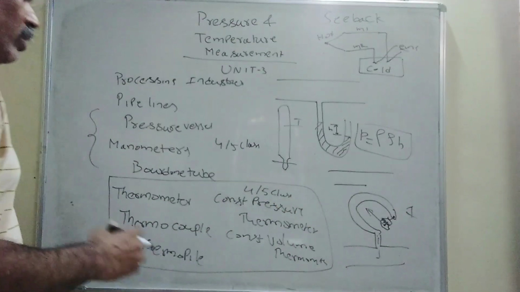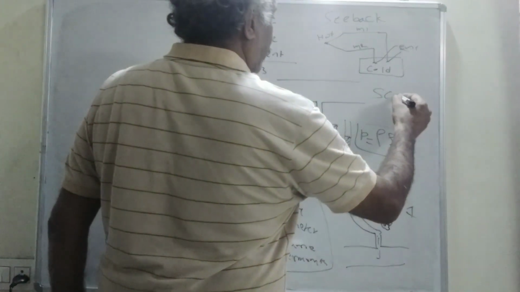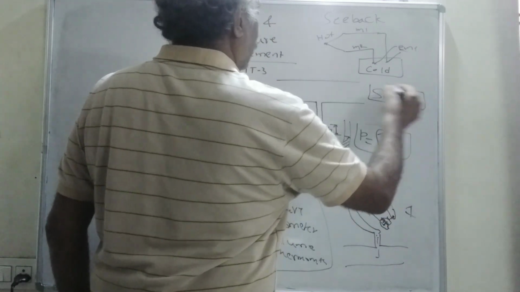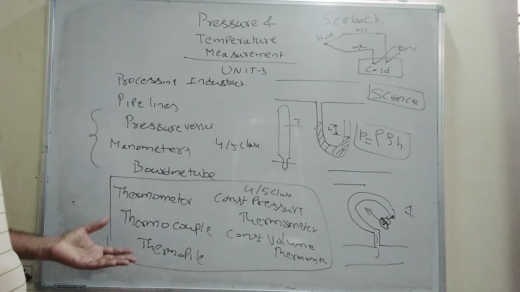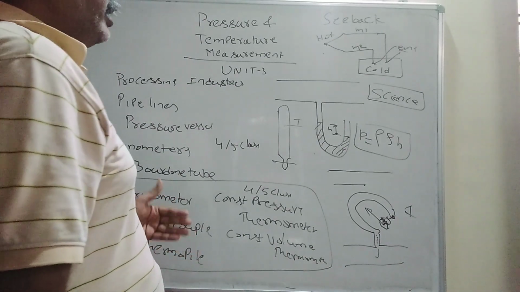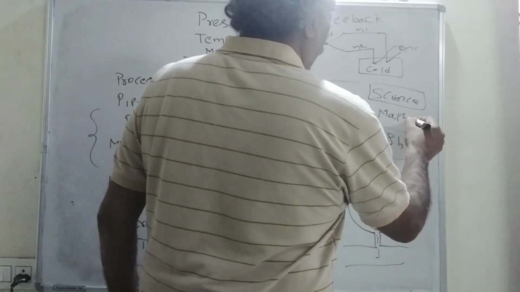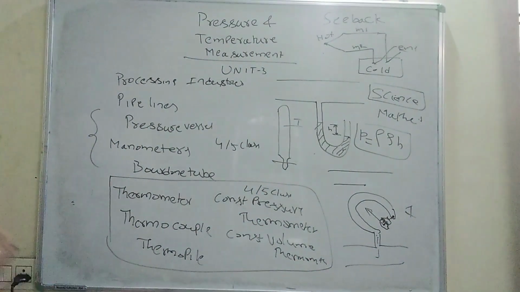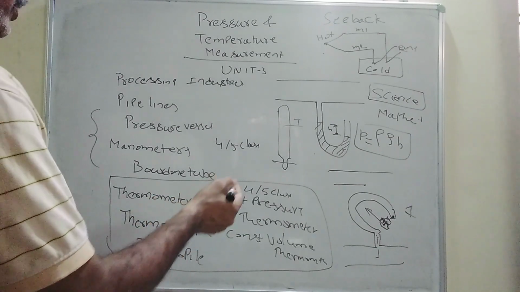Here, concepts of science and mathematics. The laws of science involved in these instruments will be explained clearly, and then the mathematical equations that we can develop from them we will be seeing, and based upon mathematics we are going to formulate some problems and then solve them.